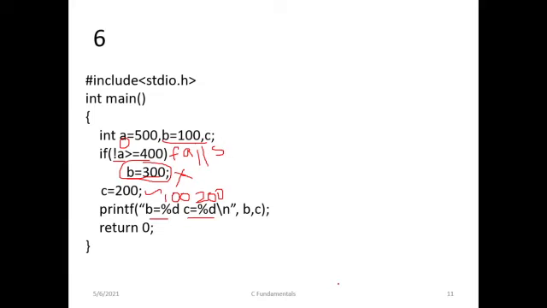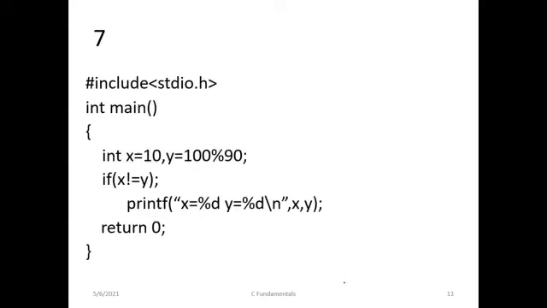Yes. Moving on. What will be the output of this program? Int main, x is 10, y is 100 modulo 90, if x not equal to y. Now, what is x?